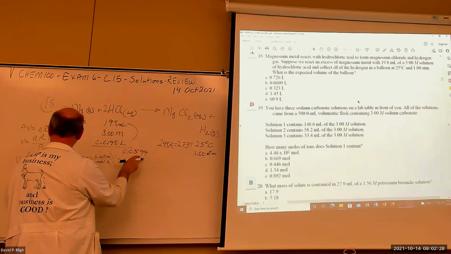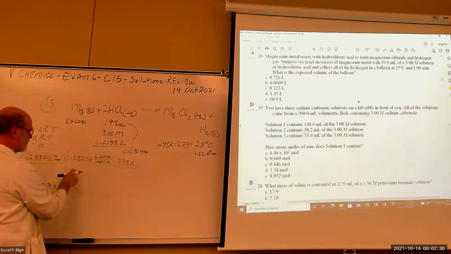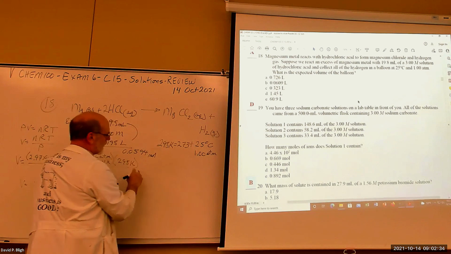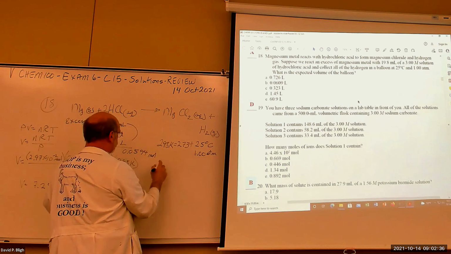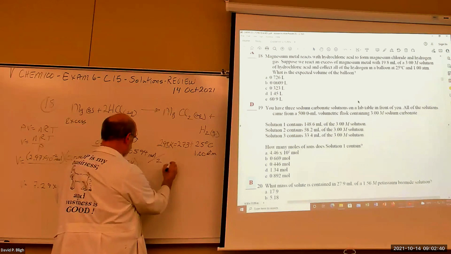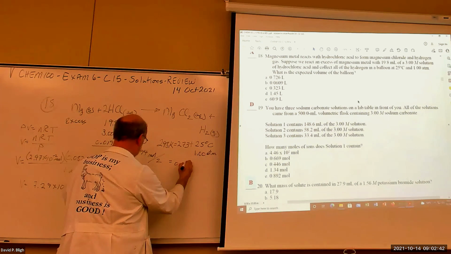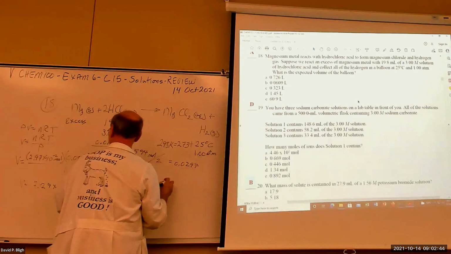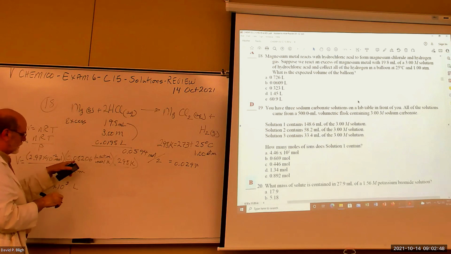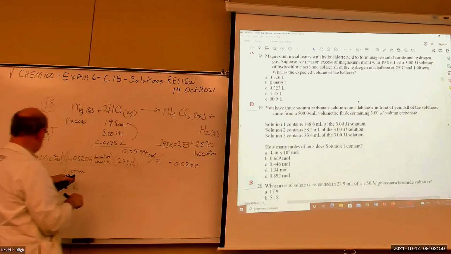Okay, that's the volume. No, excuse me, that's moles. And then it'd be half the moles there. So that's 0.0297. That's right.